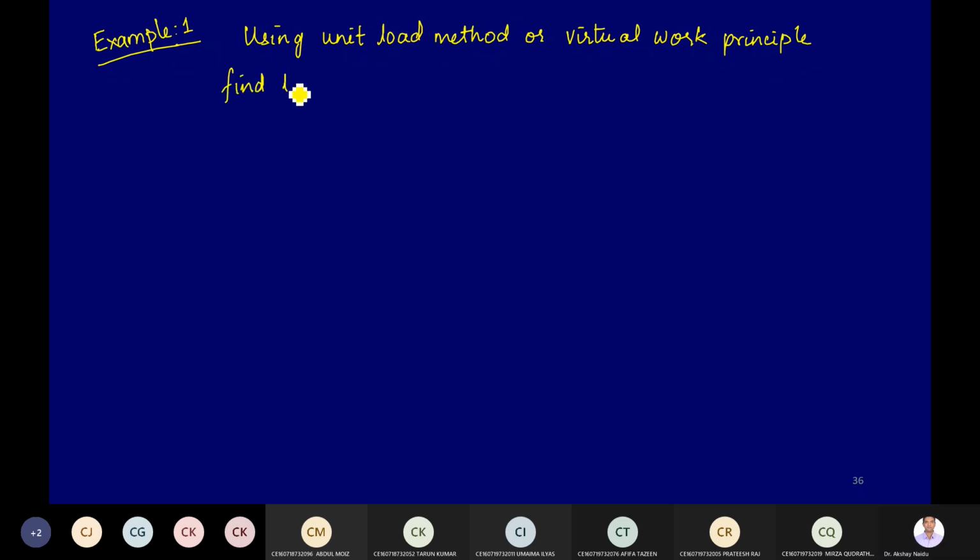Find the deflection at the free end of the cantilever shown.